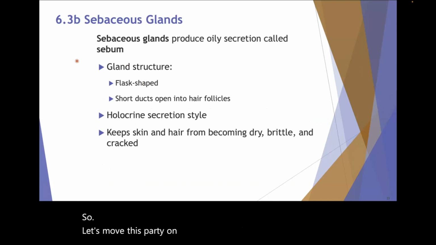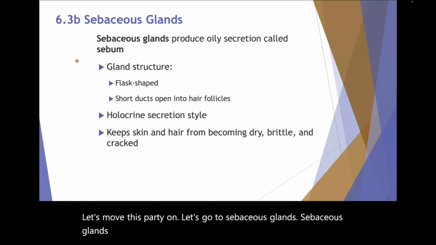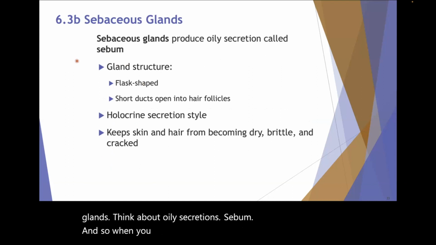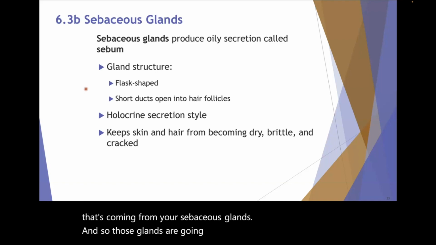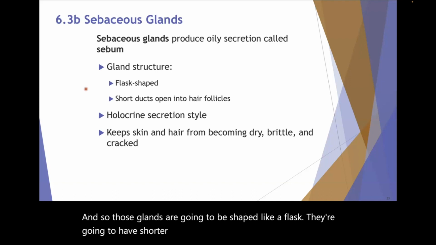So let's move this party on. Let's go to sebaceous glands. Sebaceous glands, think about oily secretions, sebum. If you have very oily skin, that's not coming from sweat, that's coming from your sebaceous glands. Those glands are shaped like a flask. They have shorter duct openings, and that opens into the hair follicles.